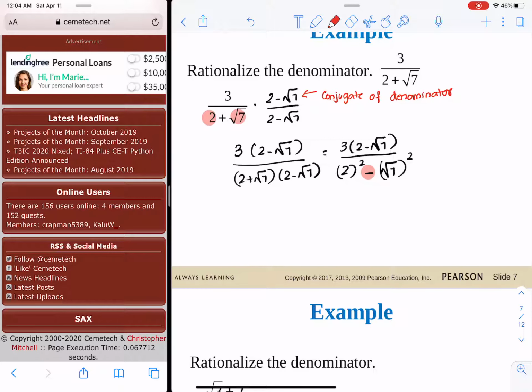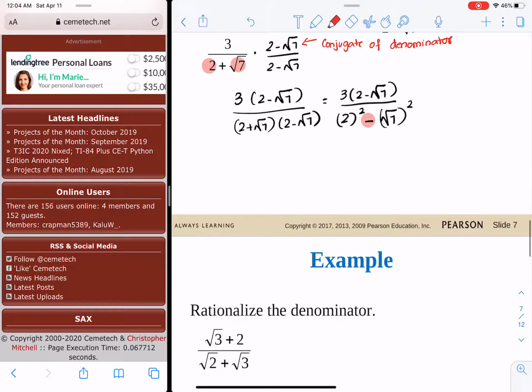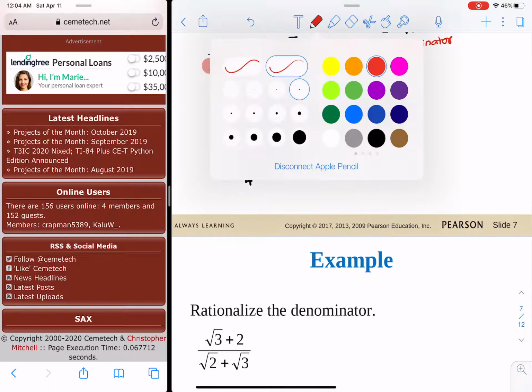You can verify this by foiling and you will get that particular expression in the denominator. So the numerator is simply 3 times 2 minus square root of 7 divided by 4 minus the root and the square would get cancelled. So we simply have 7 in the denominator.